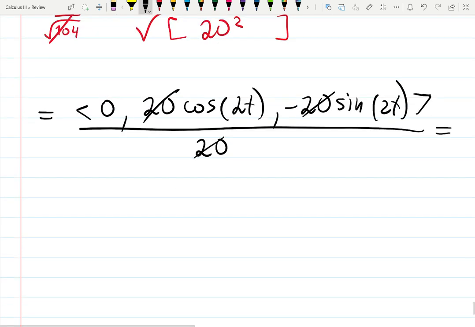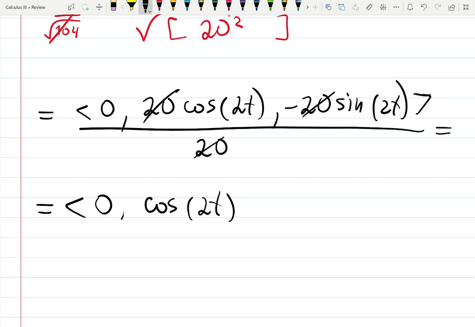And the vector ends up being 0, cosine of 2t, minus sine of 2t. And that is my normal vector. That is the answer for the normal vector.